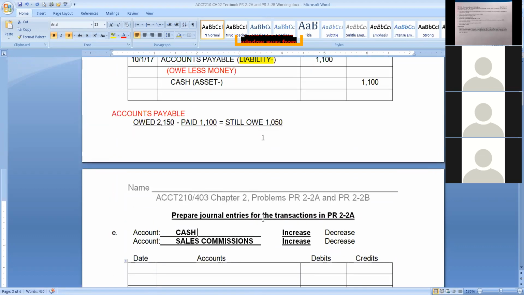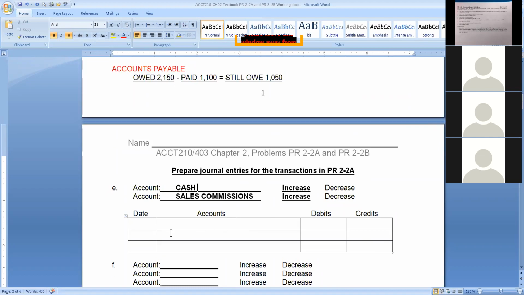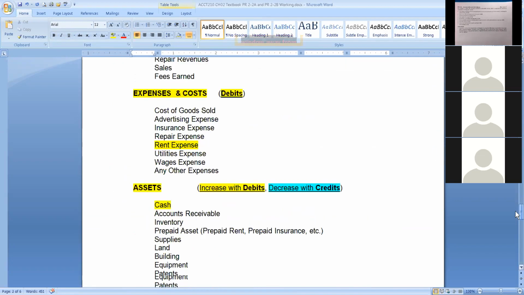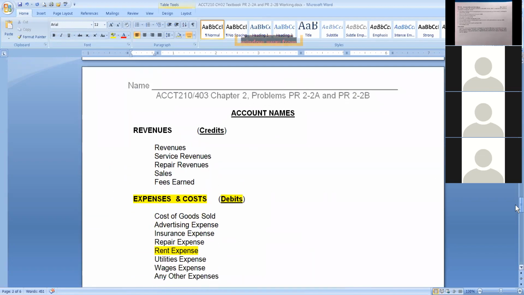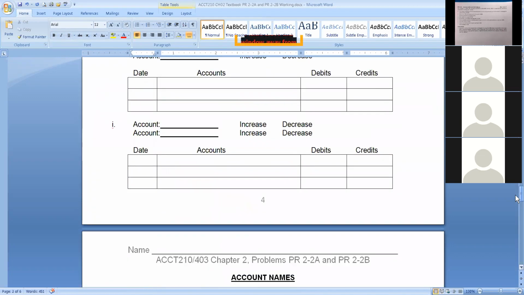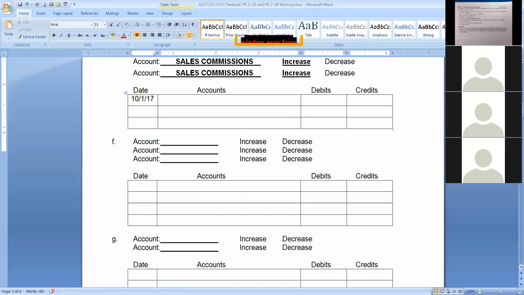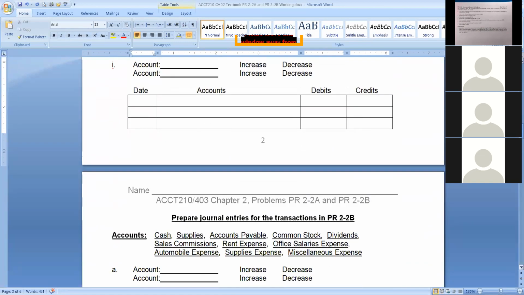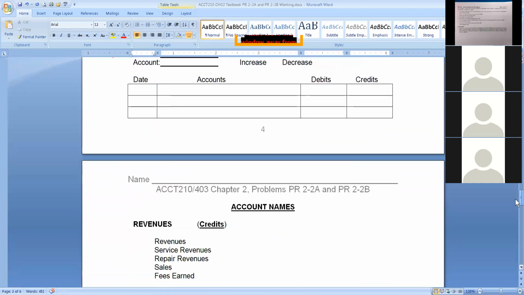We know that one. You can probably do that one in your sleep now. But we'll go down to the end of the page here. Sales commissions. I should put that in here. I don't have it on my sheet.